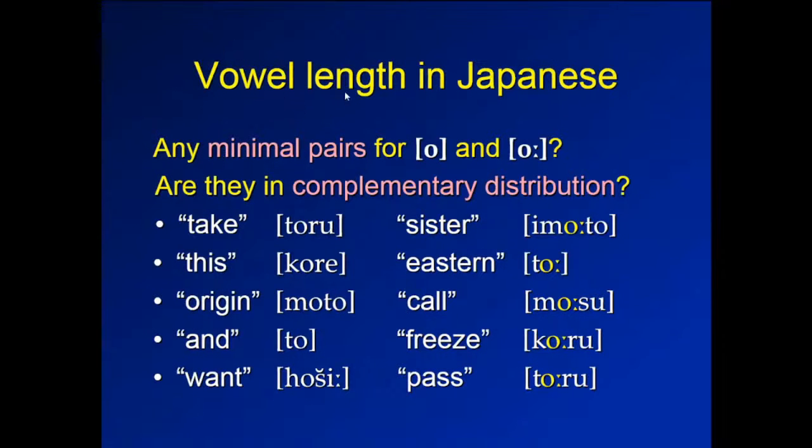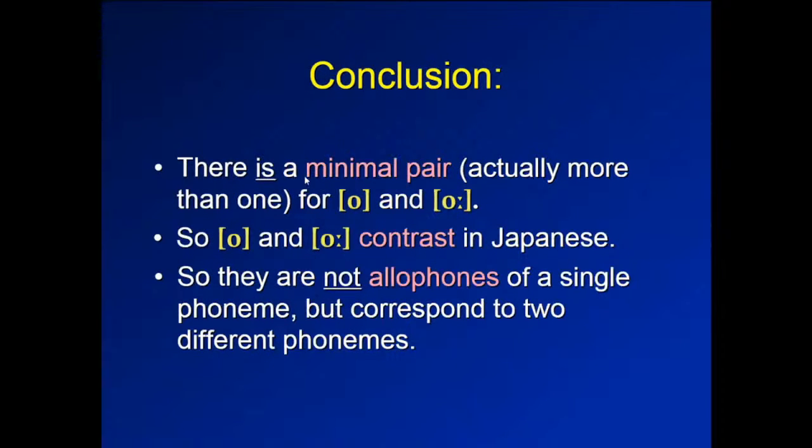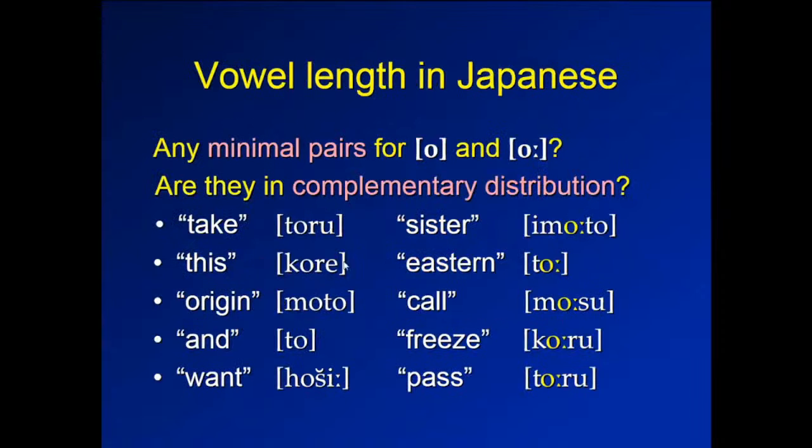Now let's talk about vowel length in Japanese. Here we have got examples from Japanese, and we are going to talk about these two sounds, this short one and this long one. This is the long one in here, and here we have got the short ones. Now, there is a minimal pair, actually more than one minimal pair for the short and long O. If we go back here, let's talk about examples of words.